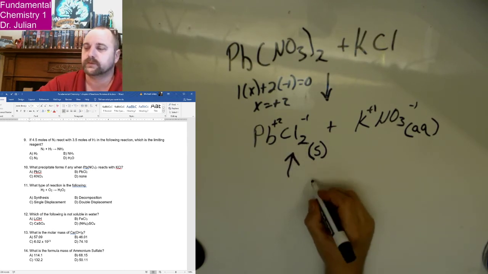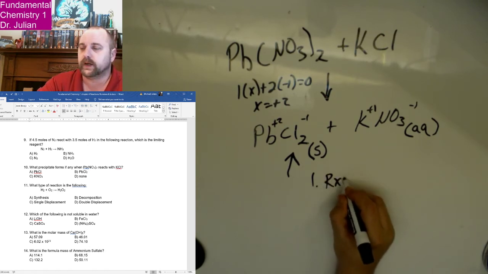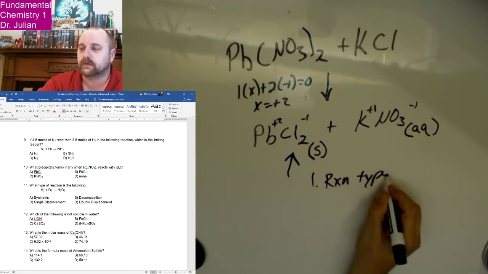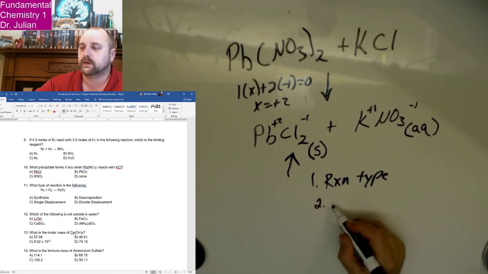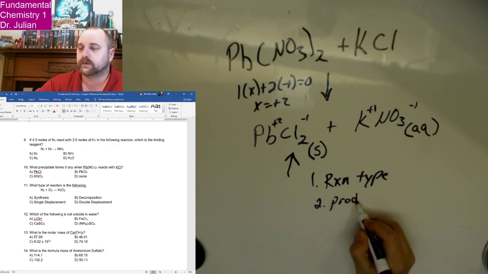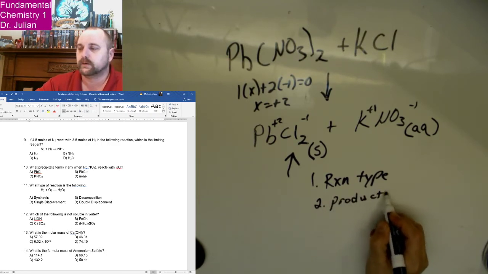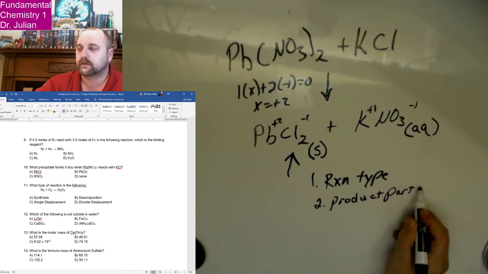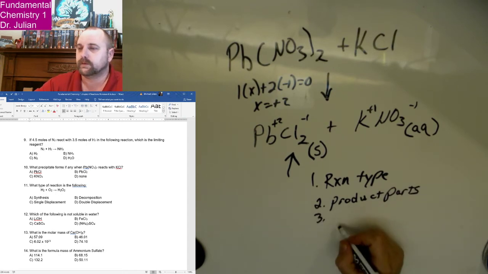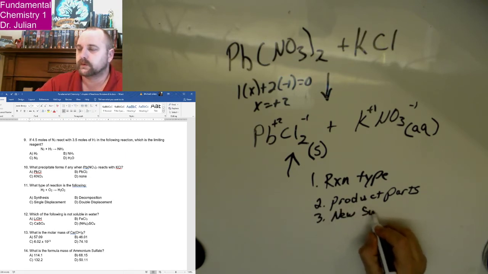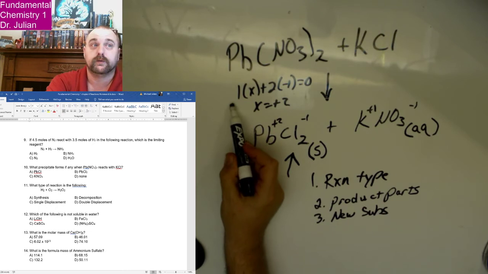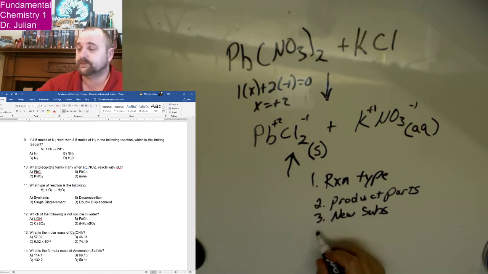So remember, you got to go through your steps. We did reaction type. We did product parts. Third step I did was the new subscripts. That's where I had to come back and do this math for this double displacement. Fourth step would be to balance it.